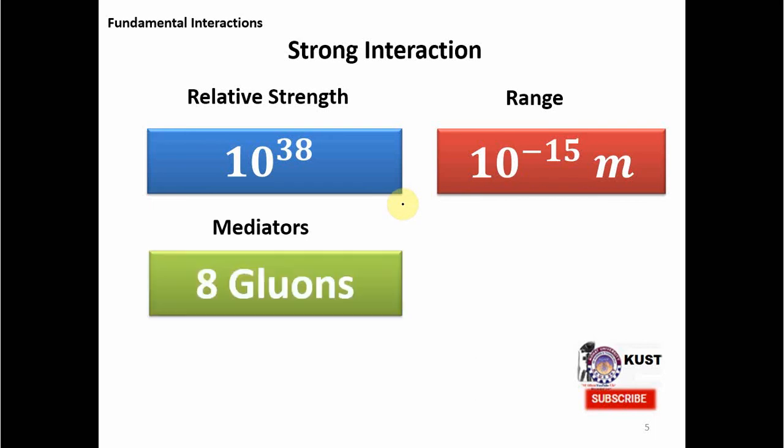The third is mediators, as already mentioned, that there are 8 gluons. These are Yang-Mills theories, or gauge theories, which have gauge groups which describe them. So the gauge group for the strong nuclear interaction is SU3, and that has 8 generators. Because of this, it has 8 gluons. These 8 gluons actually mediate the force between quarks and protons and neutrons.